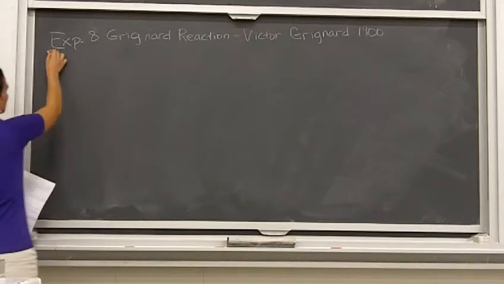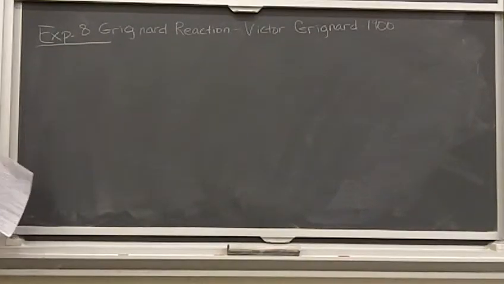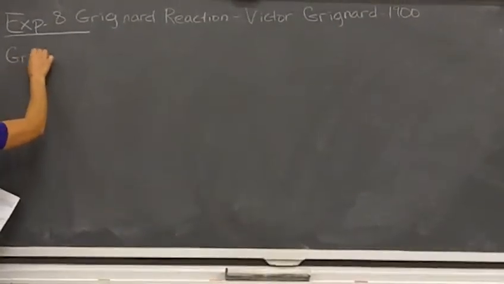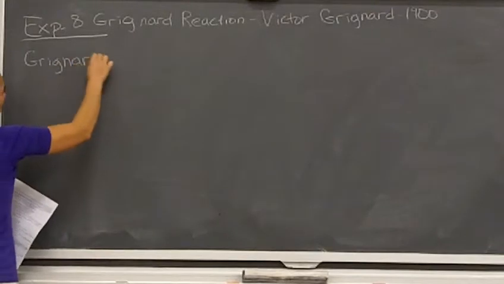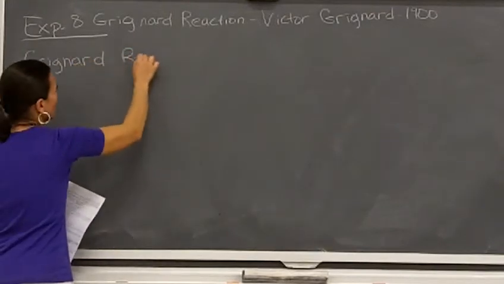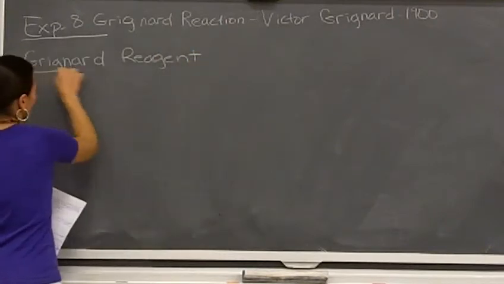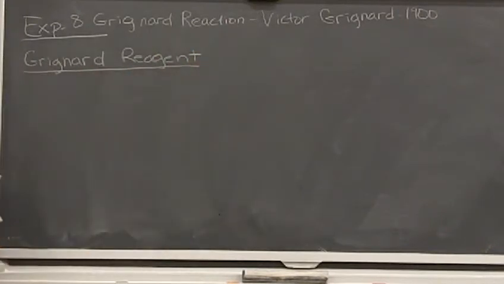The first part of the reaction is not just the Grignard reaction. We actually have to make what is called the Grignard reagent, and you guys are going to do that this week, okay? And so what is involved with making that Grignard reagent is we are setting ourselves up to be able to use the Grignard reaction, which is really important in organic chemistry because it involves carbon-carbon bond formation, which doesn't happen that often in organic chemistry.